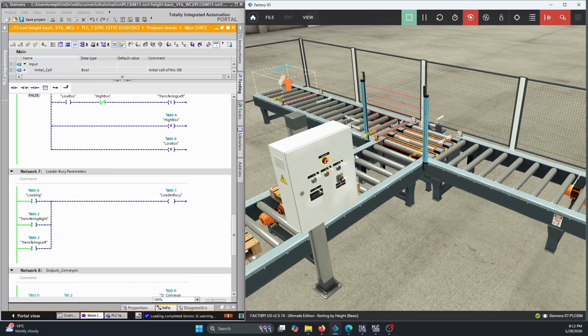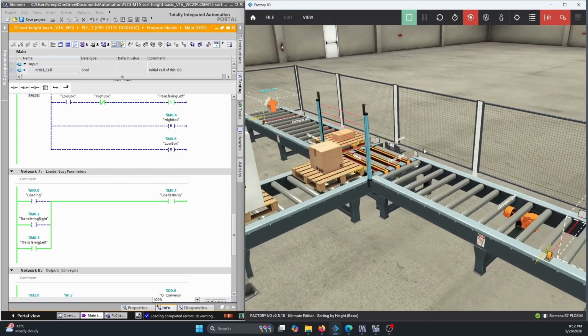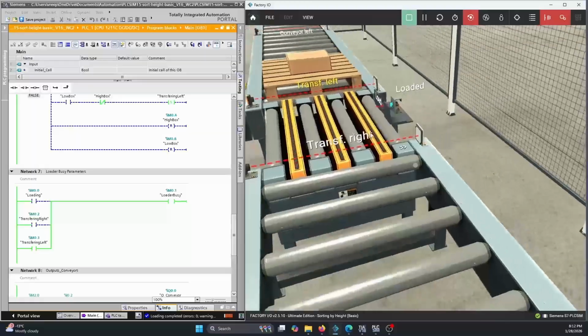Nice. We've got a low box coming in, so let's see if this guy comes in. It goes to the capacitive sensor, it's still loading. Moving over, transferring left. Beautiful. Okay, guys. So now what we need to do is have either the right or the left conveyor running once it gets past this sensor.